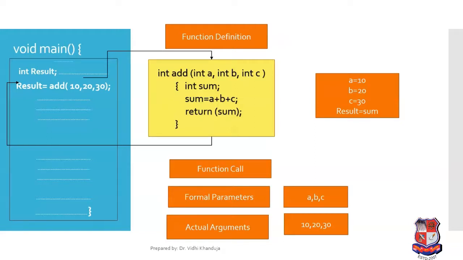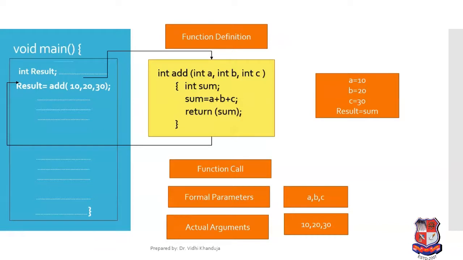Function definition comprises the function header, that is the return type, name of the function, and the formal parameters. In this case, they are a, b, and c. And then you have written the body of the function. Now this is returning some value, so we have written a return statement, and this value is returned and stored in some variable in the main program.